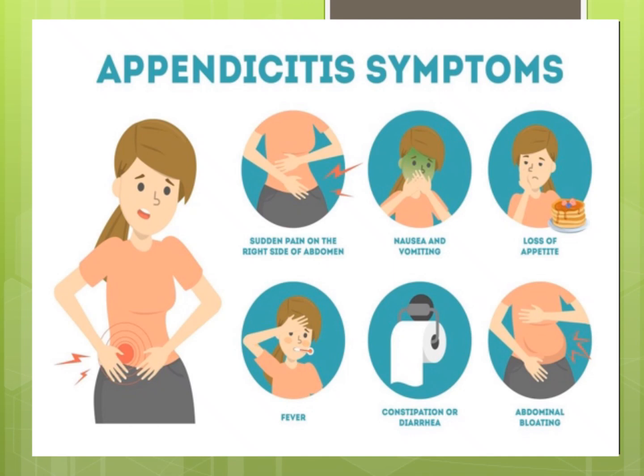Patient may also complain of associated nausea, vomiting, or anorexia as well. Patient may have low-grade fever as well. At times, few patients may also complain of constipation, especially if a patient has pelvic appendix. These patients may also complain of diarrhea, or at times patients may complain of abdominal bloating as well.